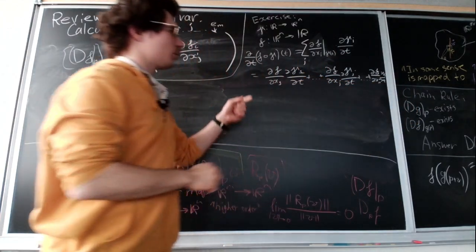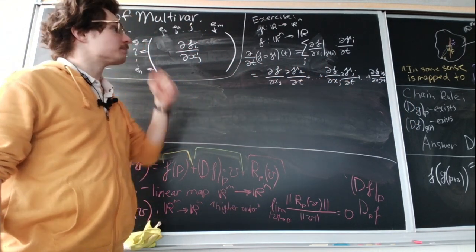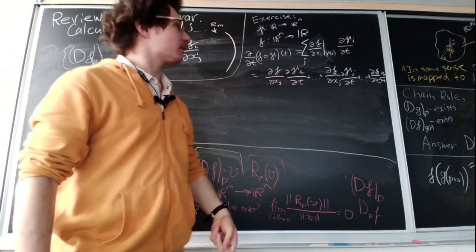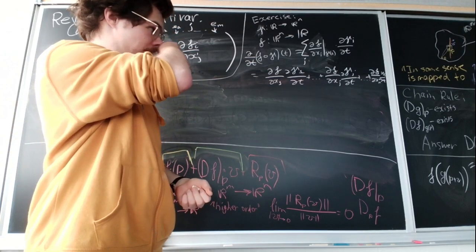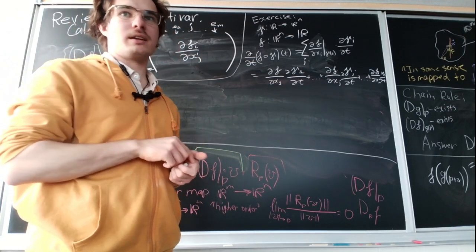So prove this. This is a j, this is a j, that's right. Is this even correct? Yeah, good enough.